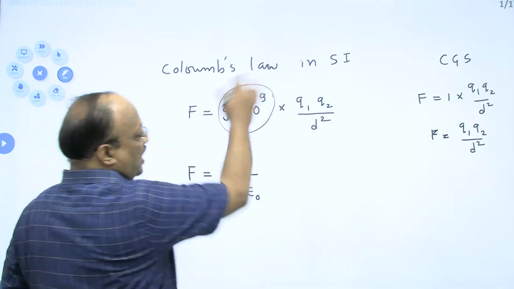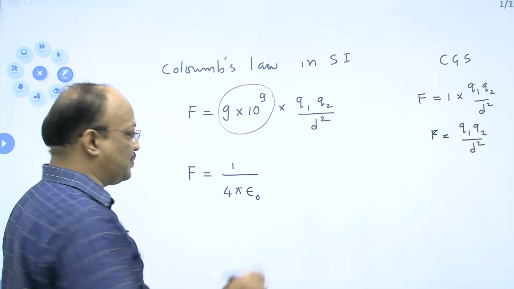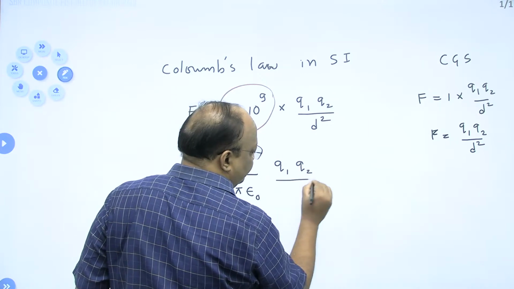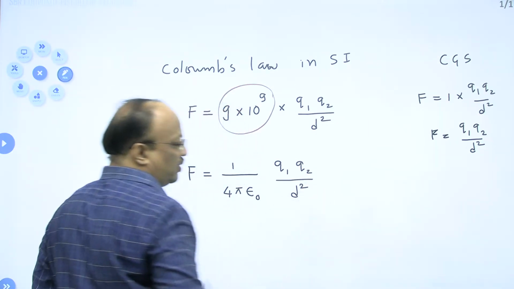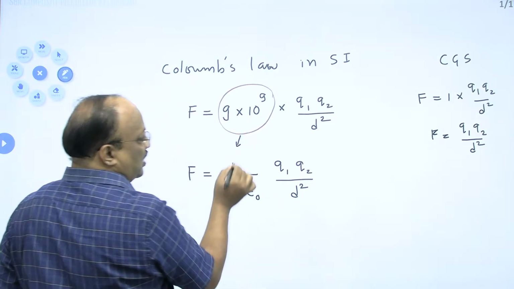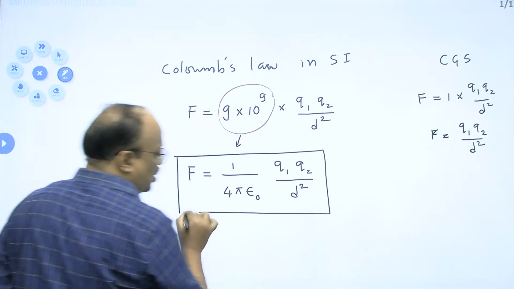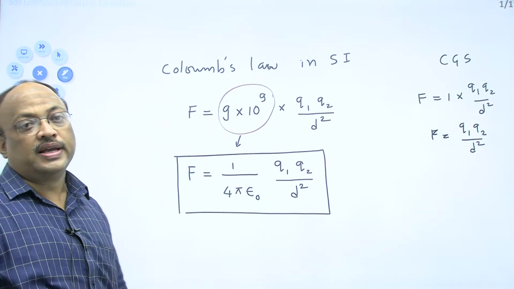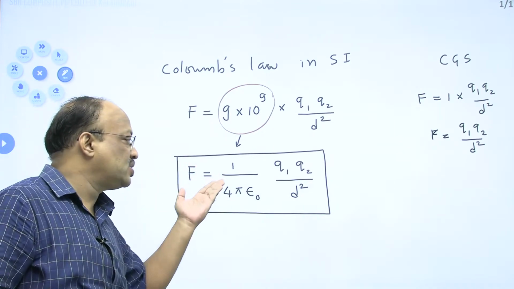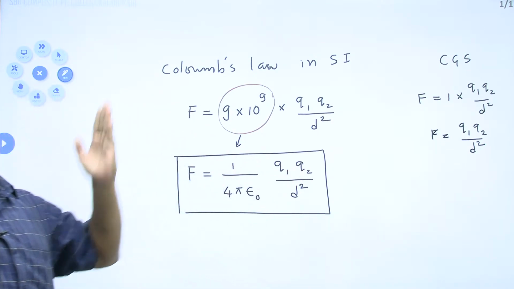So instead of writing 9 into 10 to the power of 9, they have written it as 1 by 4 pi epsilon naught Q1 into Q2 by D square. This becomes Coulomb's law in SI. In System International, Coulomb's law is 1 by 4 pi epsilon naught Q1 Q2 by D square.